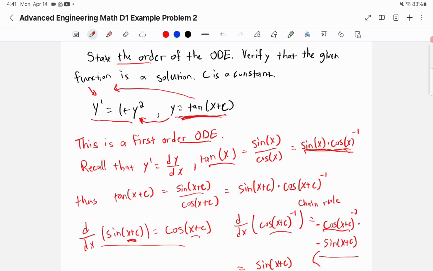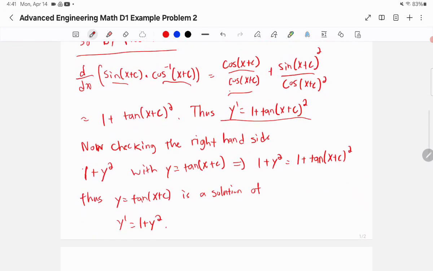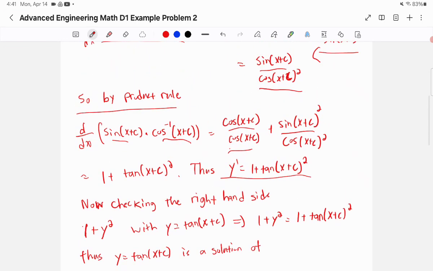Now, we have to verify that if I plug tan of x plus c in for y on the right-hand side, I get the same thing. So I should get 1 plus tan of x plus c squared, if I substitute in tangent of x plus c on the right-hand side.